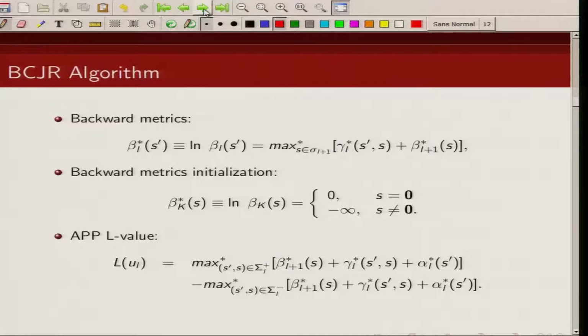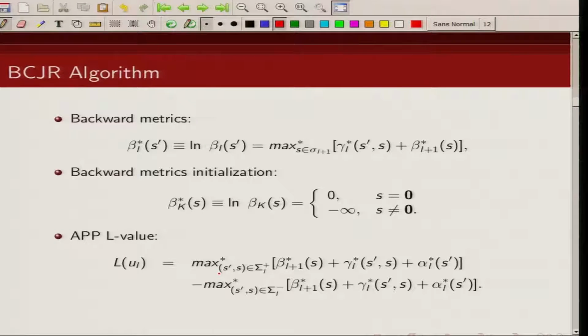And if you recall our APP log likelihood value, this was again a summation of the product of 3 terms: alpha at time L, beta at time L plus 1, and gamma. There were 2 terms, one term in the numerator corresponding to all those transitions belonging to information bit being plus 1, and in the denominator we had terms related to transitions that belong to information bit being minus 1.